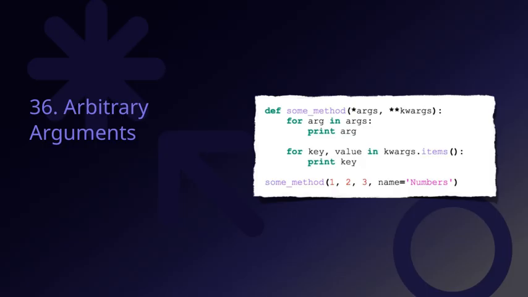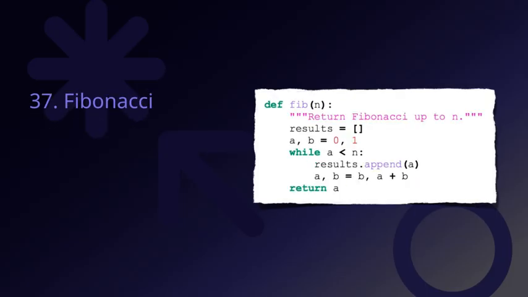The key point here is understanding how to use *args, which is the conventional way to handle arbitrary arguments. When you see *args in a function definition, it means that all extra positional arguments will be collected into a tuple named args. This way, you can iterate over them or process them as needed. Remember, this concept ties back to the overall theme of writing flexible and efficient code by allowing functions to handle various input scenarios gracefully. Let's take a closer look at Fibonacci.